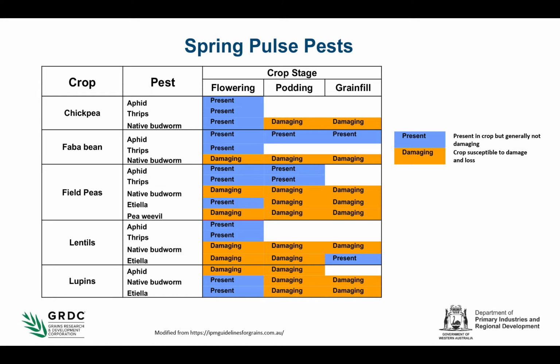Now, in chickpeas, fava beans, field peas, lentils and lupins, from flowering to grain fill, what you can actually see quite easily is that native budworm is present pretty much in all the crops. So I will definitely be covering native budworm. I'll also cover Etiella. This is a sporadic pest.